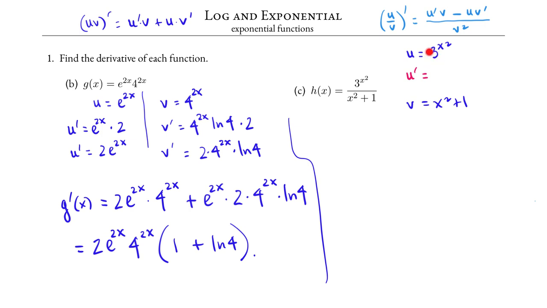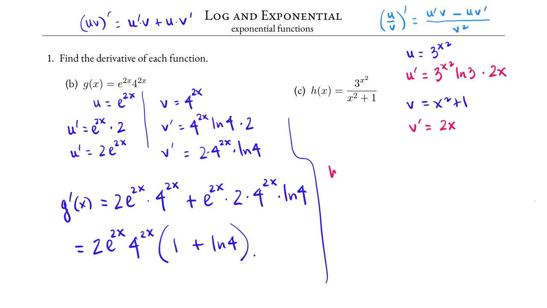This exponential function does not have base e, so don't forget to multiply by ln of the base. The derivative of 3 raised to x squared is 3 raised to x squared times ln of 3. And then using the chain rule, we multiply by the derivative inside, the derivative of x squared, which is 2x. v prime is 2x plus 0.